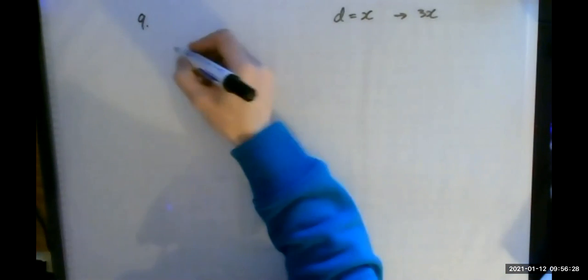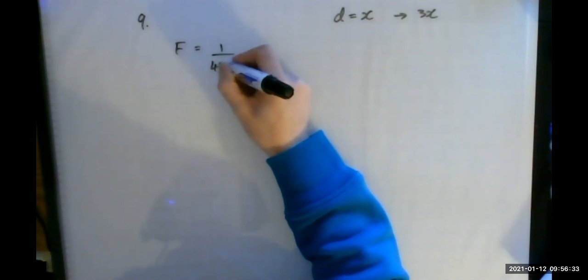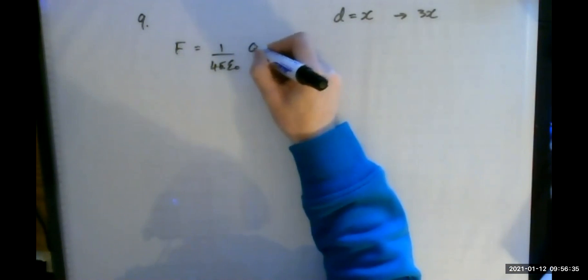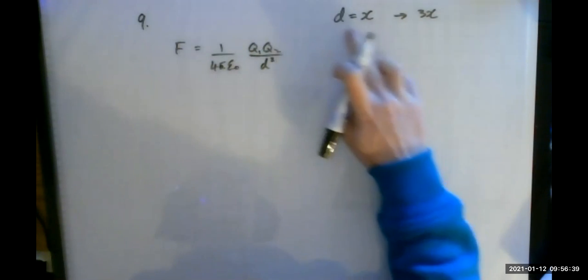Now we need the formula: F equals q1 q2 over 4 pi permittivity d squared, where d is X, so the first force is given with x squared.